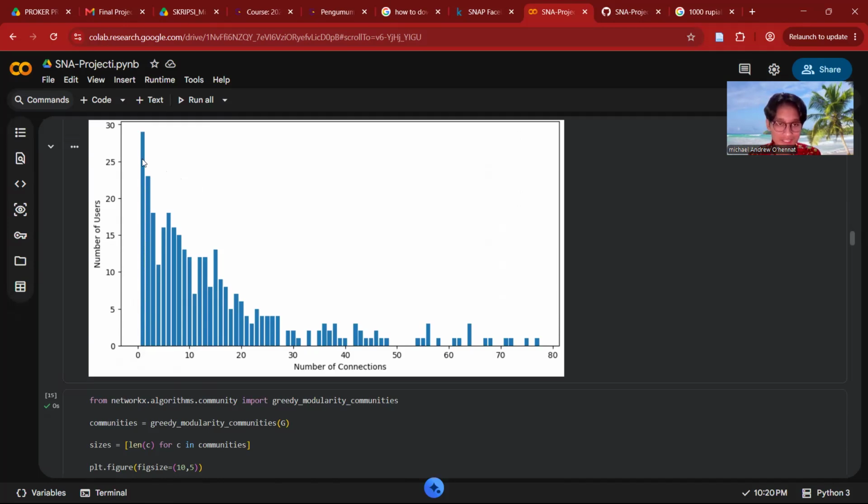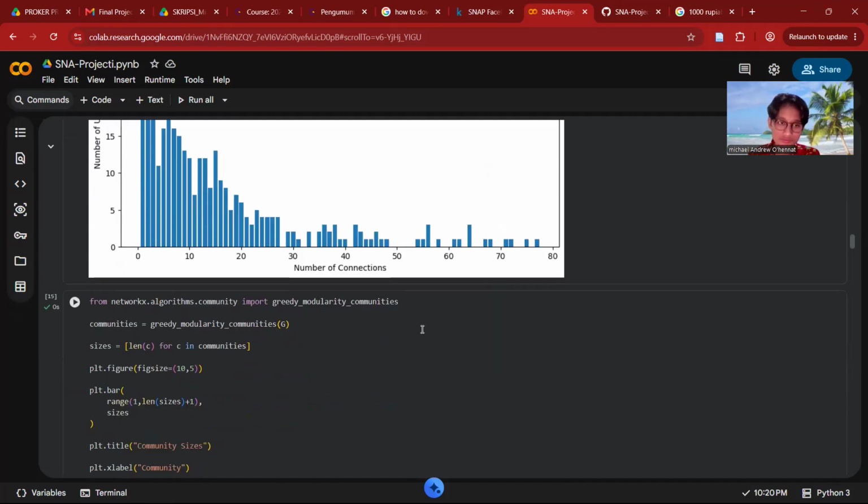On the left side, the tallest bar shows 29 users with just one connection. And we can say two users have more than 70 connections to other nodes, or another user or ID. Let's continue.